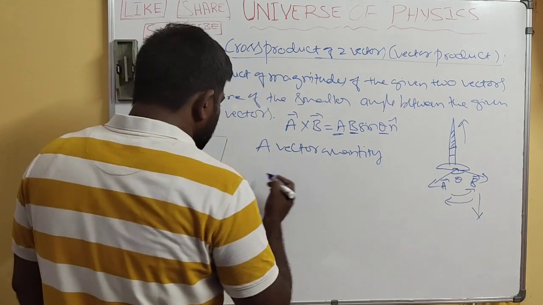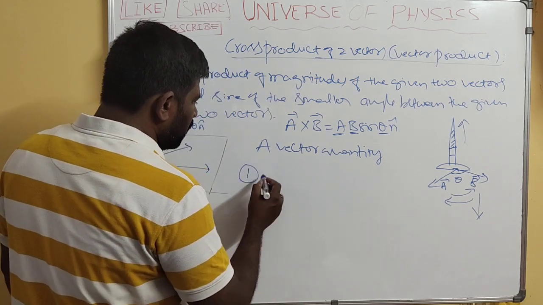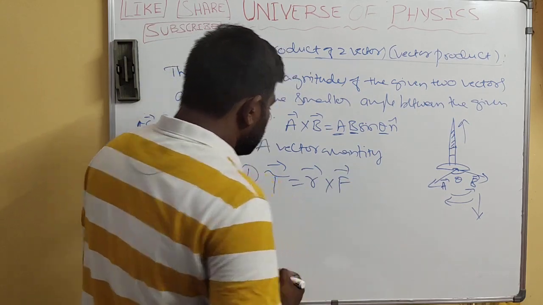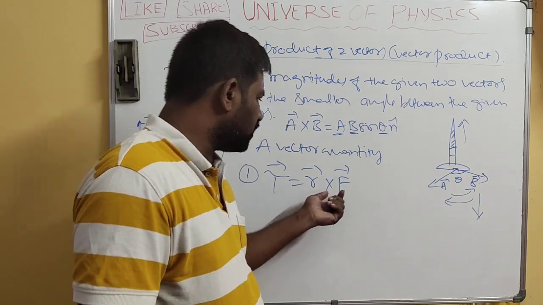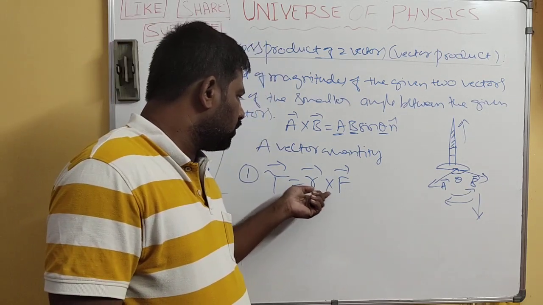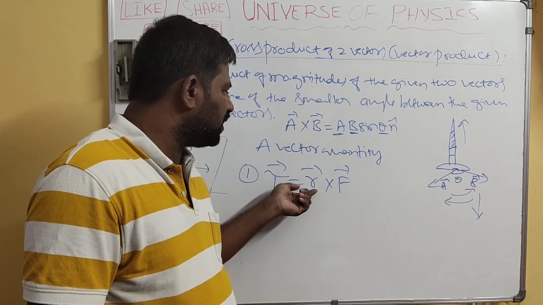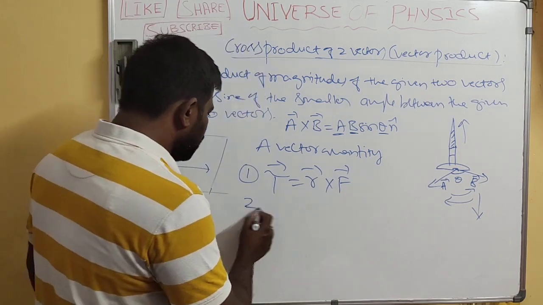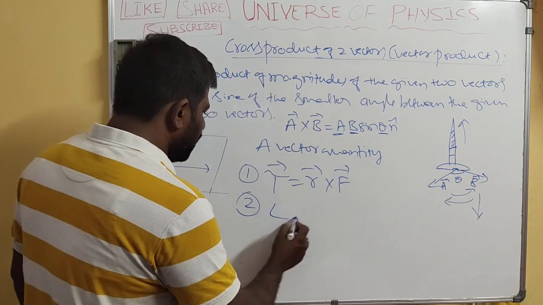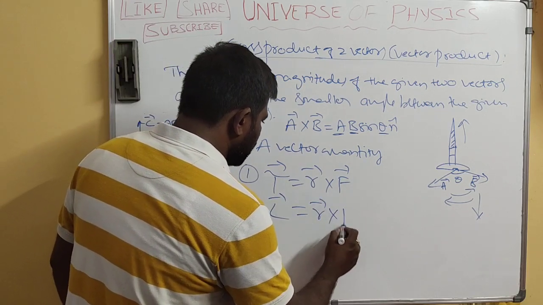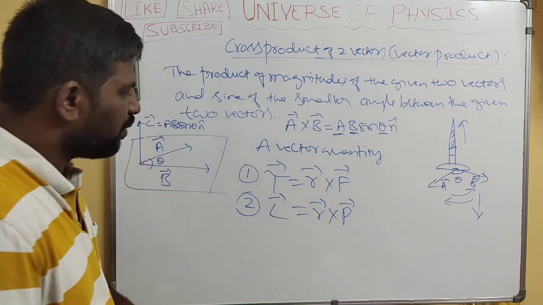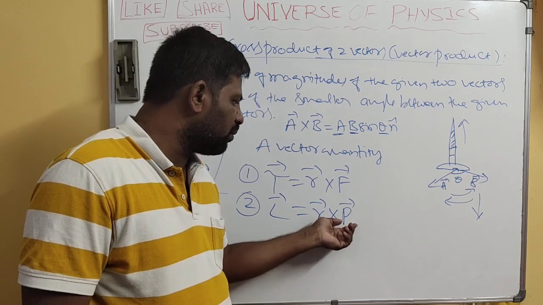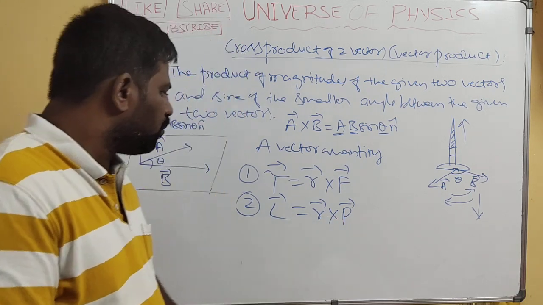First example, torque: vector tau is equal to vector r cross vector F. Torque is the cross product of position vector r and force vector F. Similarly, vector L is equal to vector r cross vector p, that is angular momentum is the cross product of position vector r and linear momentum vector p.